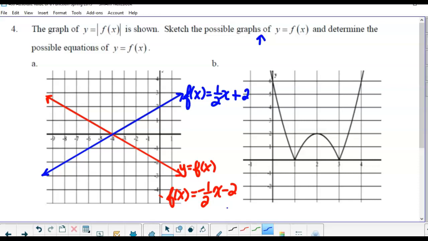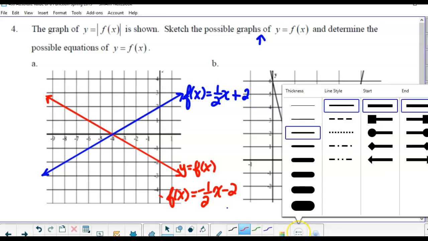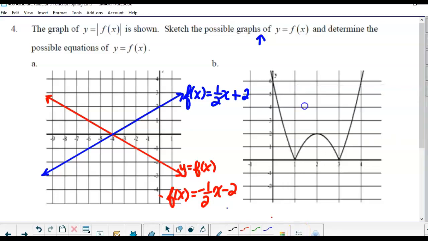Next one, again, if it has that kind of a W shape, then it's come from a parabola. If we had a parabola that opens up to start, then these wouldn't change. I'm just going to minimize this a little bit.